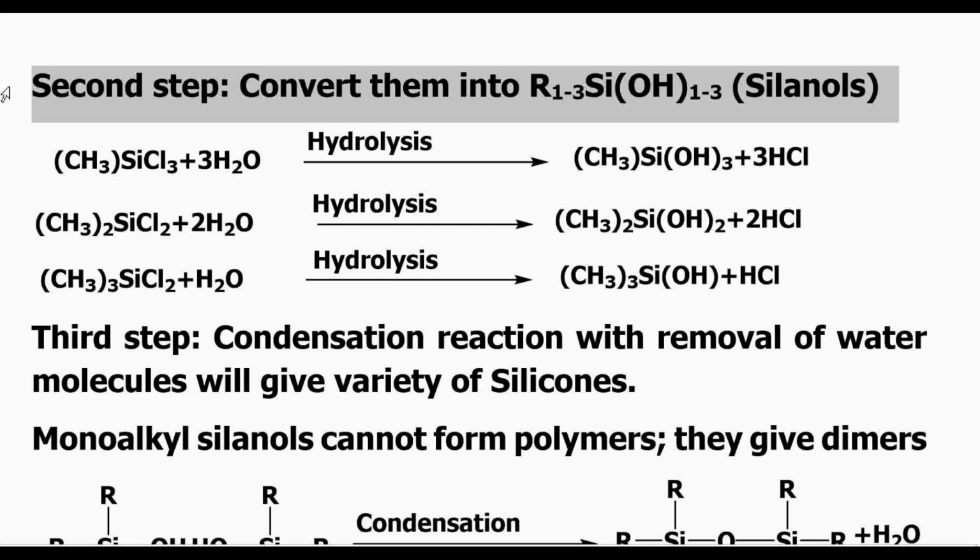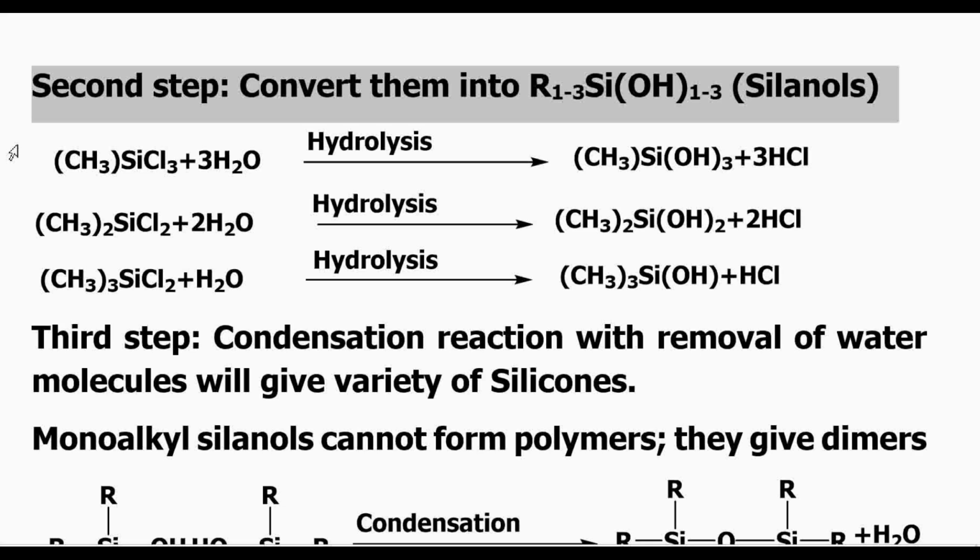So here also, silanols and silicon halides differ with respect to the halogen or the OH group. So let us see how this can be done. As we have seen in the previous reaction, you can have a variety of alkyl silicon chlorides. You can have methyl, dimethyl and trimethyl.